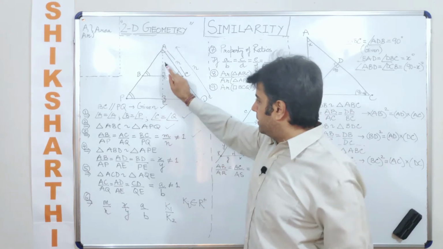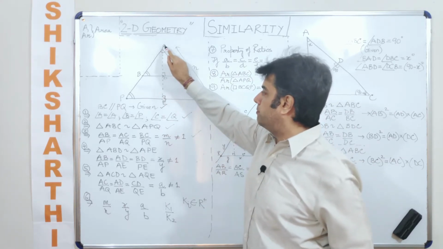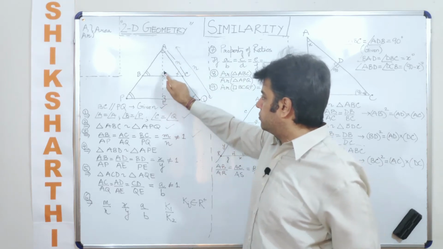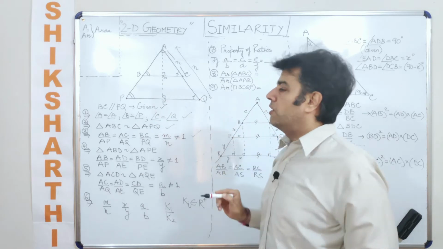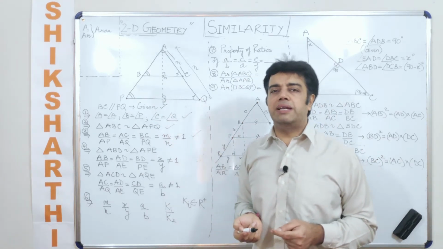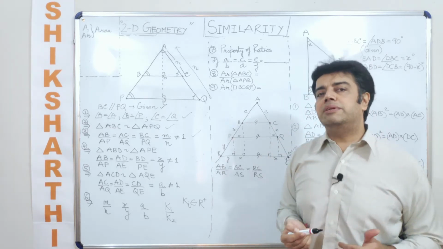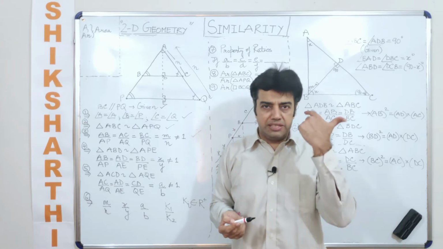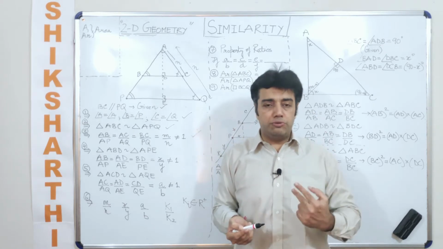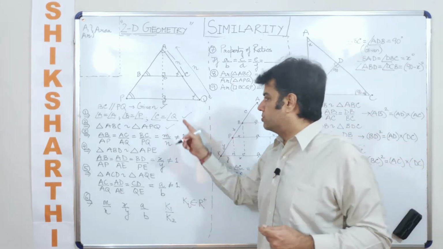Now if I drop a perpendicular from the common vertex, here the common vertex is A, naturally this will act as a perpendicular on BC as well as PQ. Why? Because both the line segments are parallel to each other. When there are two parallel line segments, a perpendicular dropped on one of them becomes a common perpendicular to both.